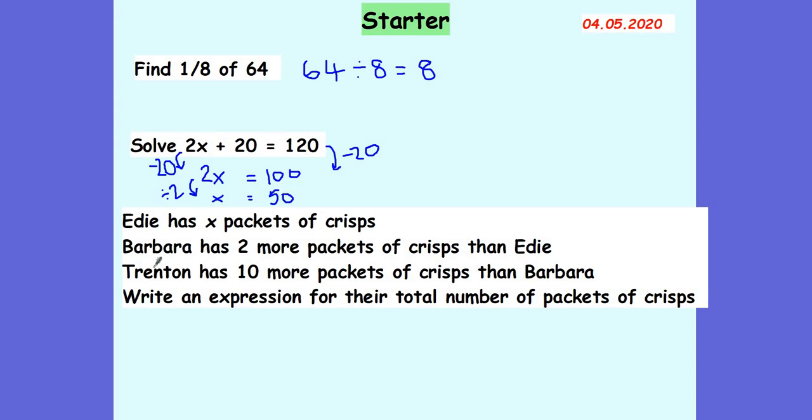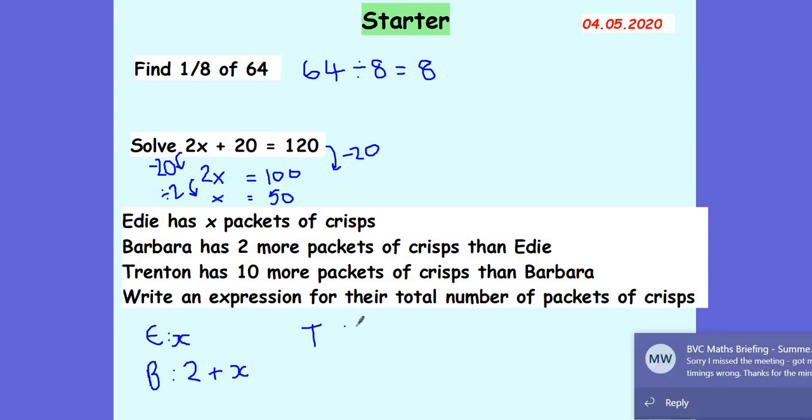And finally, I said Edie has x packets of crisps. There's Edie, she's got x packets of crisps. Barbara's got 2 more packets of crisps, so Barbara's got 2 plus x. And Trenton has got Barbara's 2 plus x plus another 10 packets of crisps.